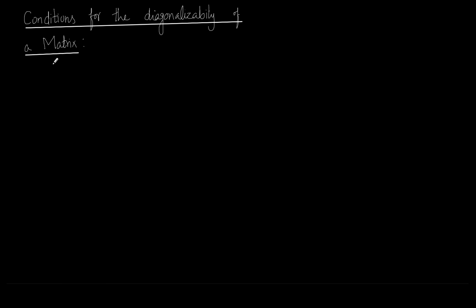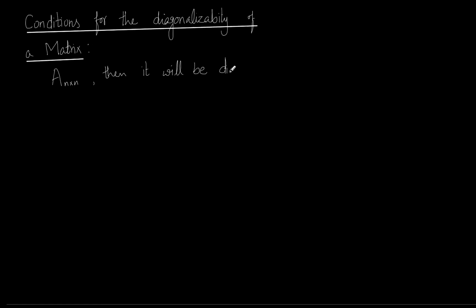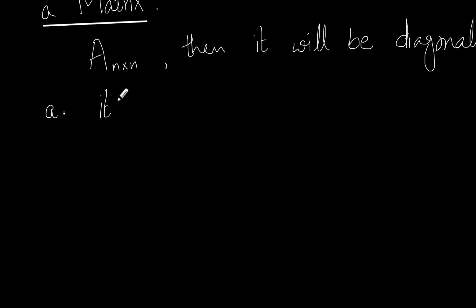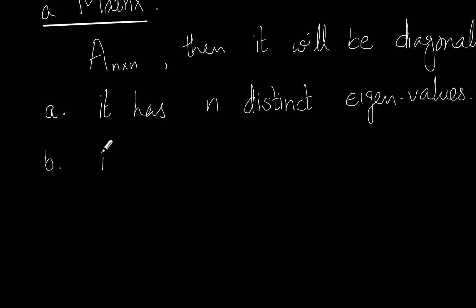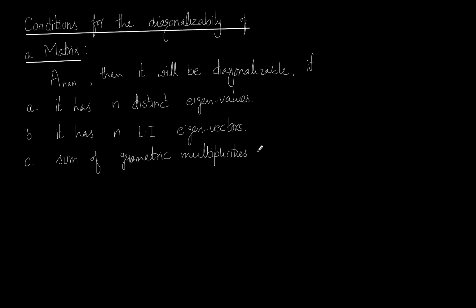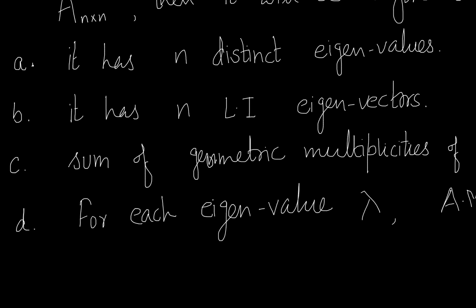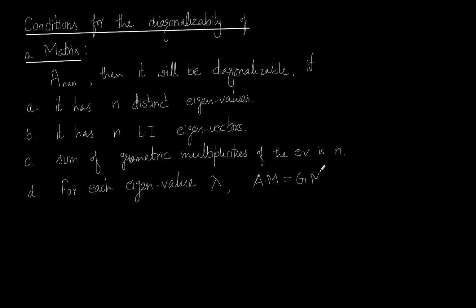Suppose you have a square matrix A of order n, then this matrix will be diagonalizable if: first, it has n distinct eigenvalues; second, it has n linearly independent eigenvectors; third, the sum of geometric multiplicities of the eigenvalues is n; and the last point, for each eigenvalue, the algebraic multiplicity is the same as the geometric multiplicity.